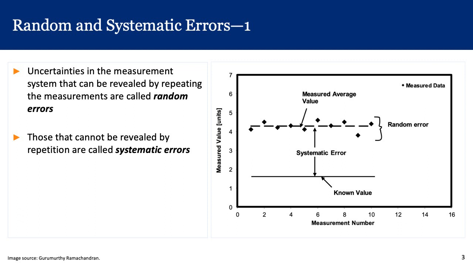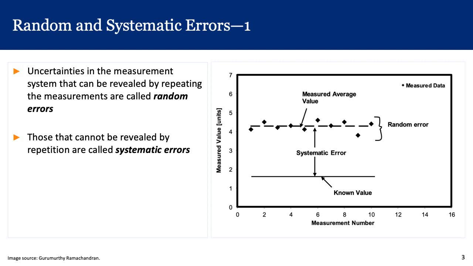The variability in those measured values is called random error. This is the scatter around the average value, and we can calculate that, as we'll discuss later on, using statistical methods.